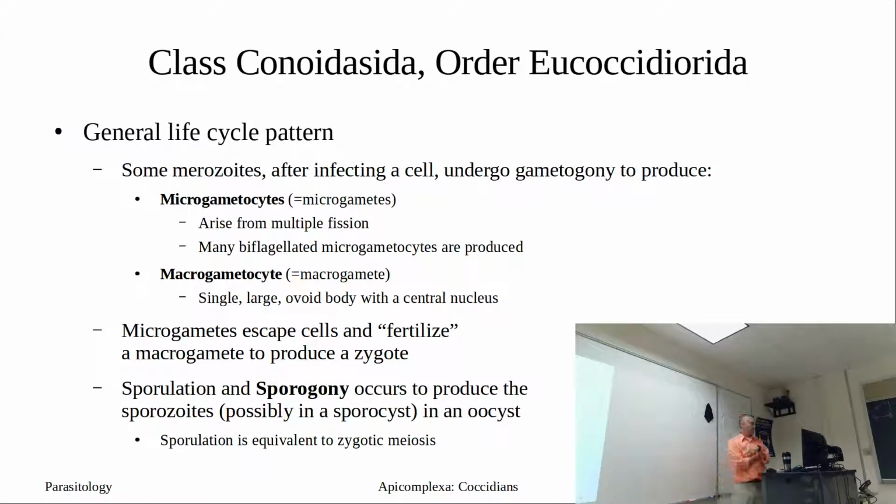These macrogametocytes will basically undergo gametogeny to produce the macrogamete that is a single large ovoid body with a central nucleus. So if you think about it, if a merozoite becomes a microgametocyte, it's going to produce a whole lot of microgametes. But if a merozoite becomes a macrogametocyte, it's one. It's one macrogamete. All right?